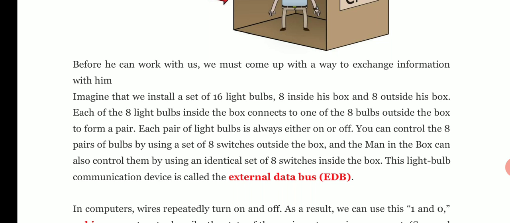You can control the 8 pairs of bulbs by using a set of 8 switches outside the box, and the man in the box can also control them by using an identical set of 8 switches inside the box. This light bulb communication device is called the external data bus, EDB. So both the user and the man inside the box can control these switches.